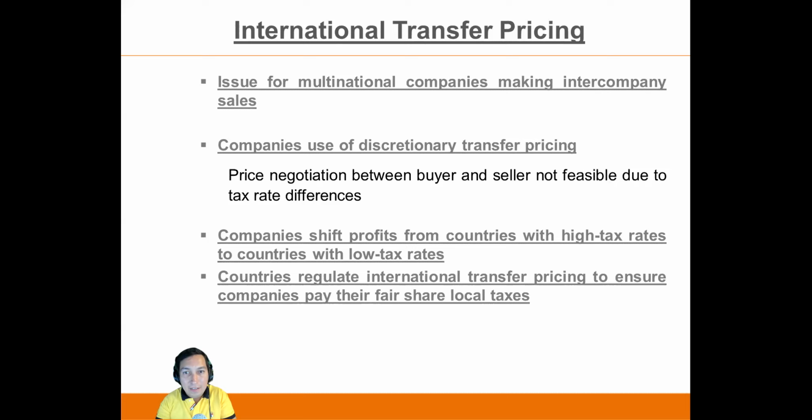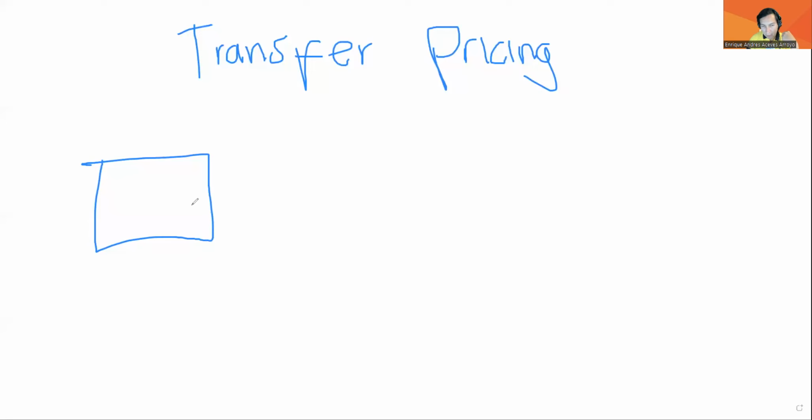Another topic is international transfer pricing, and before we see the slide, let me do some drawing. Here we will see, for instance, a US-based company.